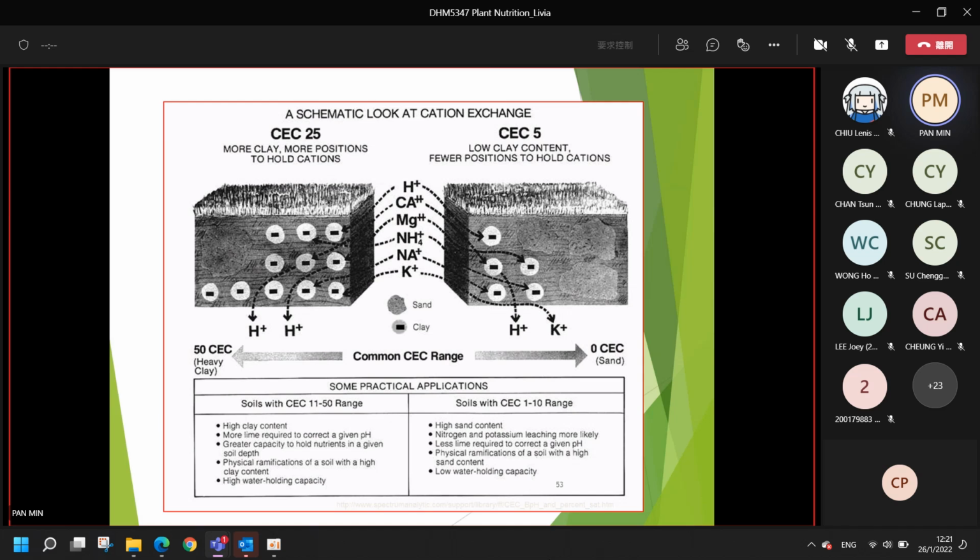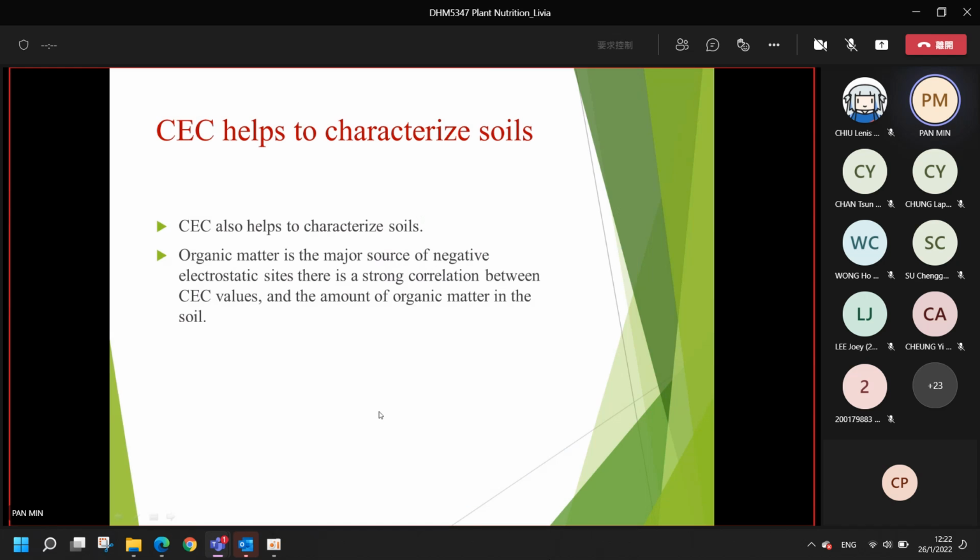And physical ramifications: a soil with a high clay content also has a high water holding capacity, in this type of soil with a high CEC range. On the other side, it is in conflict with the high CEC range.